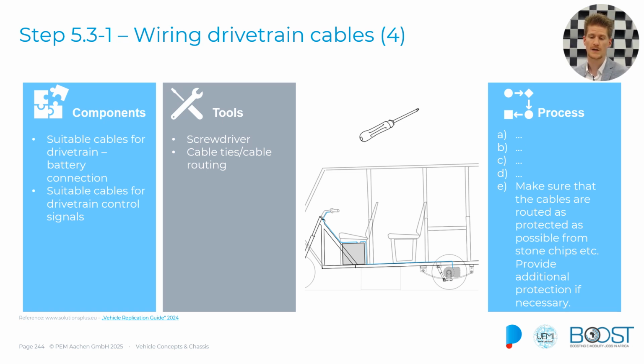Make sure that the cables are routed and protected as best as possible from any stone chips or anything else that comes up from the road, and make sure that they are all electrically isolated.